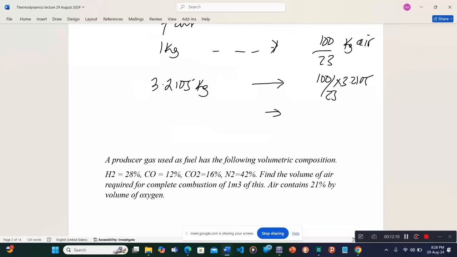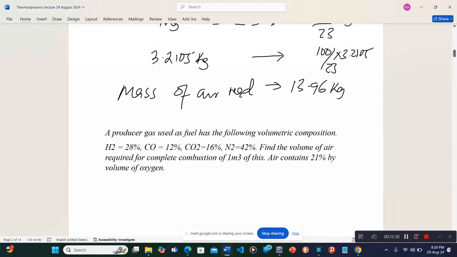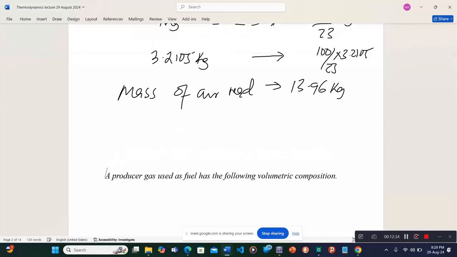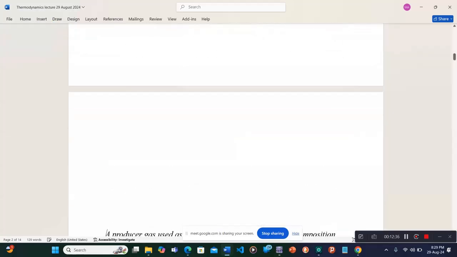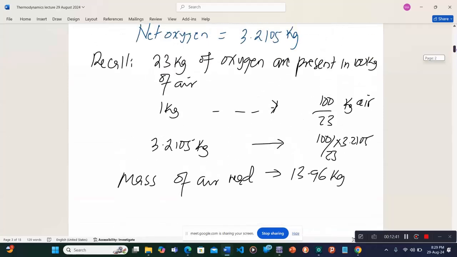Air should be 13.96 kilograms. So that is the mass of air required.